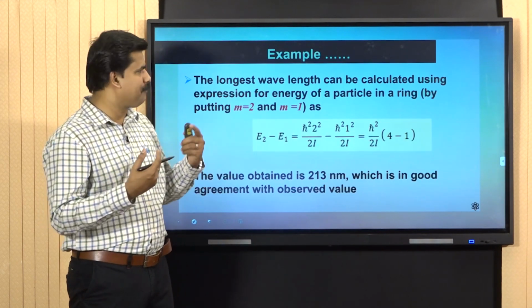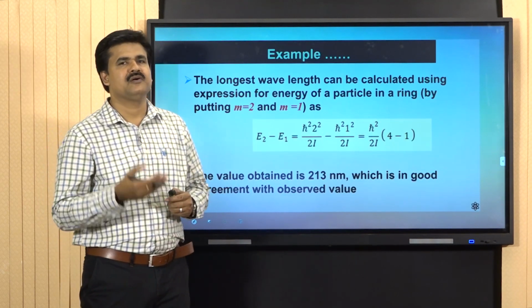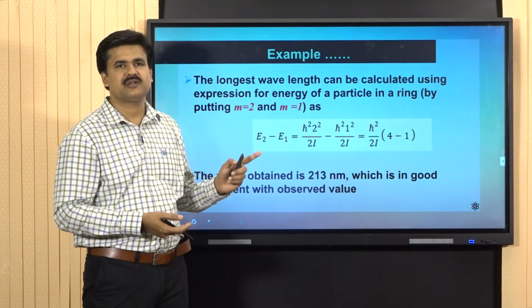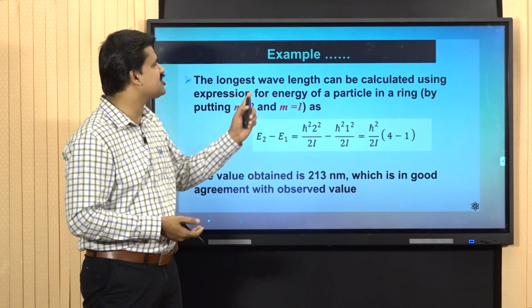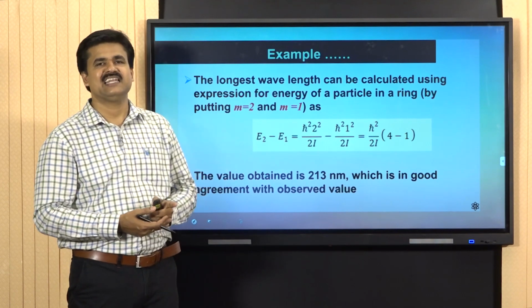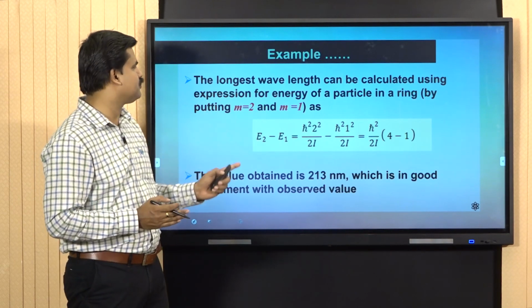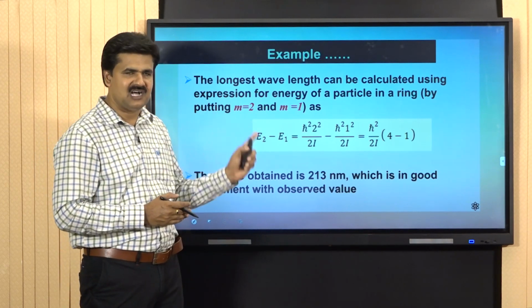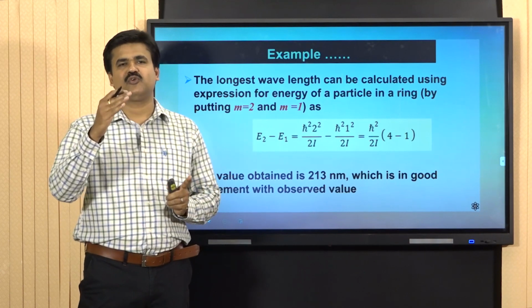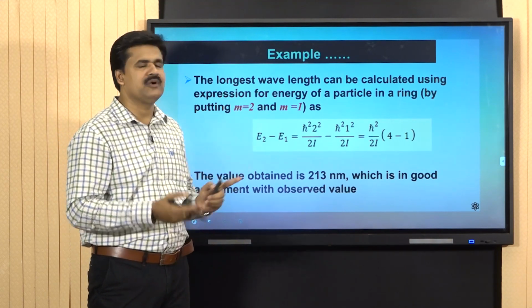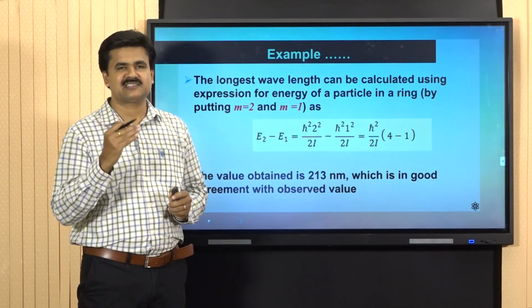By applying the concept of particle in a ring problem, the longest wavelength can be calculated using the expression for the energy of a particle in a ring. For that calculation, we have to put m equal to 2 for the higher energy level, that is LUMO, and m equal to 1 for the lower energy level, that is HOMO.